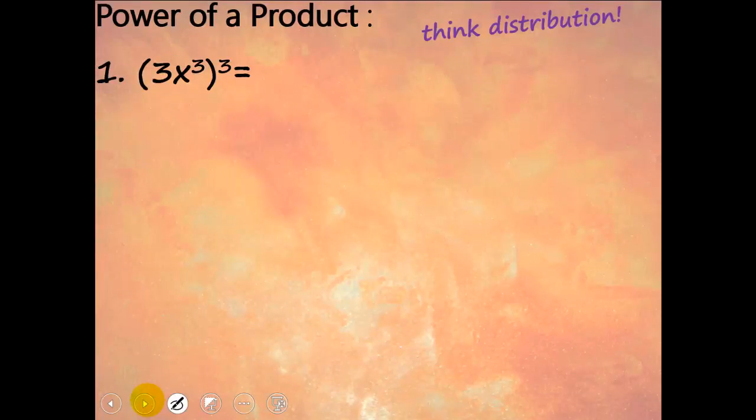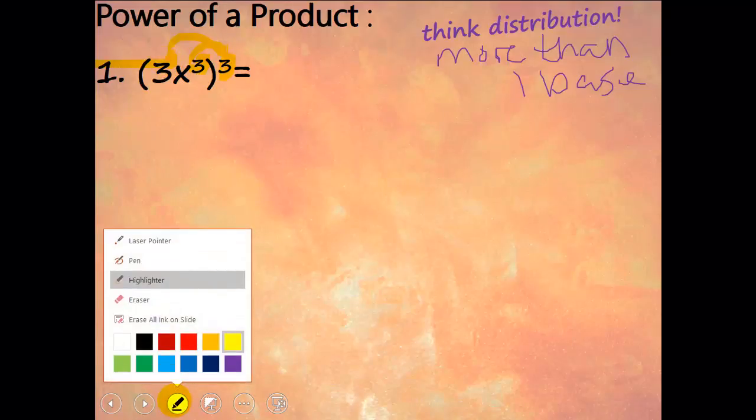All right, now this is the power of a product. Basically, what this says is that you have more than one base, but you just apply this exponent to the exponent of every single base on the inside.